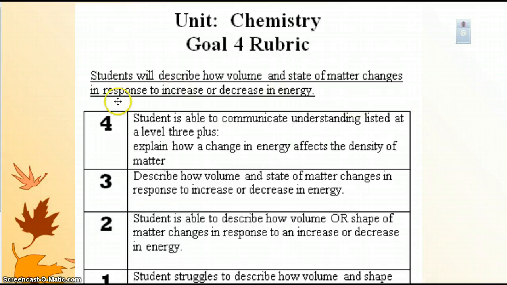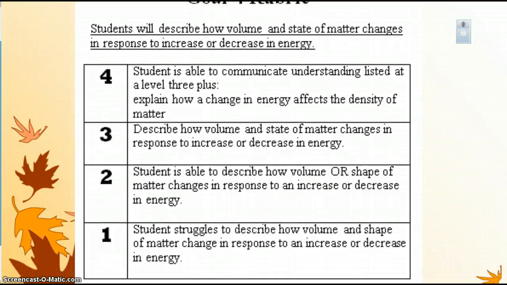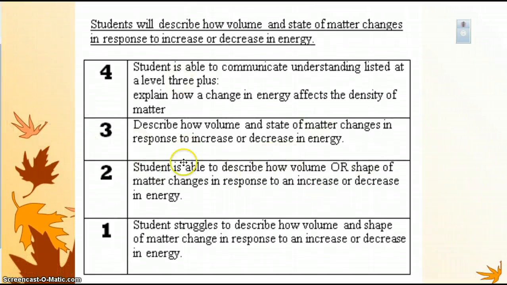To start off, the goal is that students will be able to describe how volume and state of matter changes in response to increase or decrease in energy. If you're achieving at a level 3, you're doing exactly that.